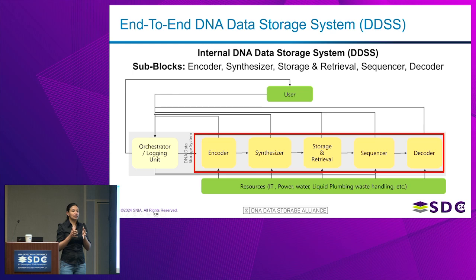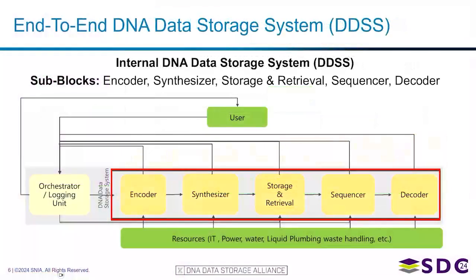The storage and retrieval, which is basically holding the DNA content once it's written. The sequencer, think of that as the reader for the DNA storage. And lastly, the decoder, which brings back the data in the original format. I will refer to all of this as DDSS in some of the slides going ahead.